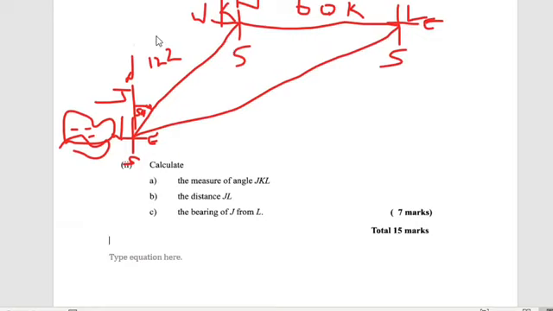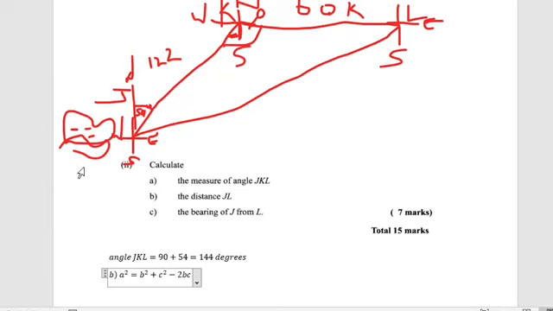So this now we'll be using the cosine rule to solve this. So what we'll have is a square is equal to b square plus c square. So we have an angle, so we know that we can go ahead and use it, minus 2bc cos the angle.